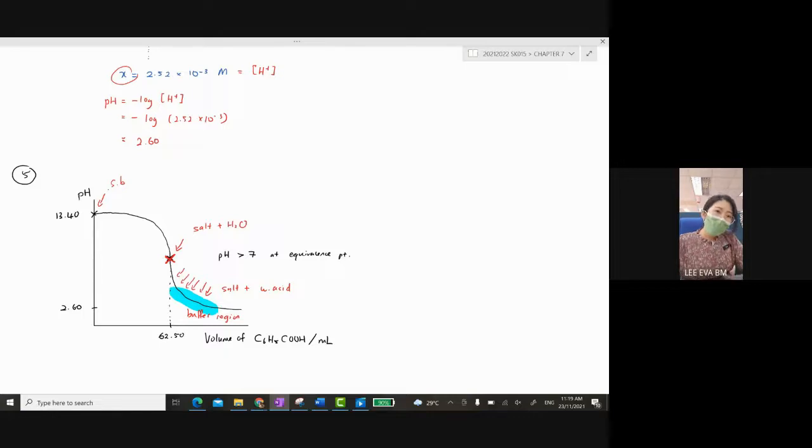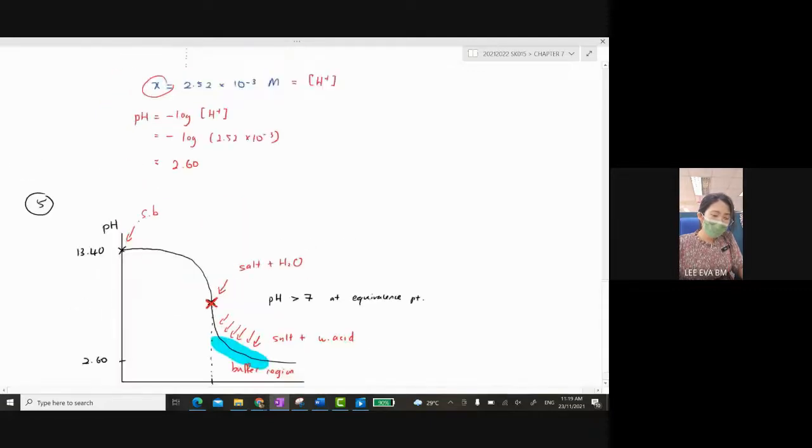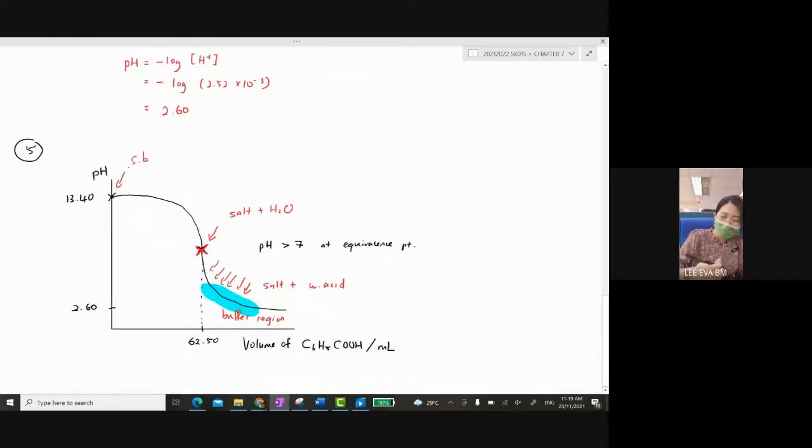Is there any question for the titration curve in question 2? In your final curve, of course, you don't have this; you only need to label the buffer region. You don't have to specify the content. So is everyone all right?